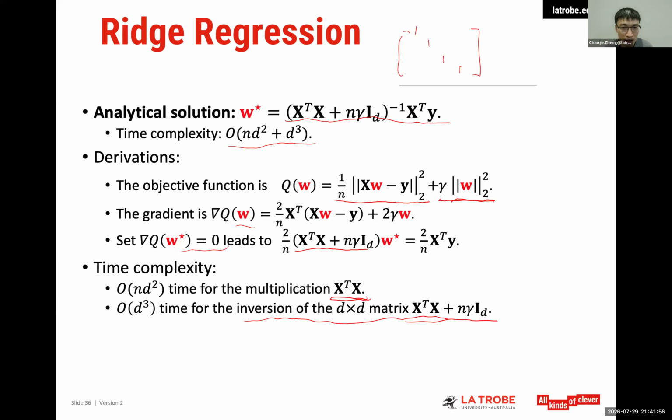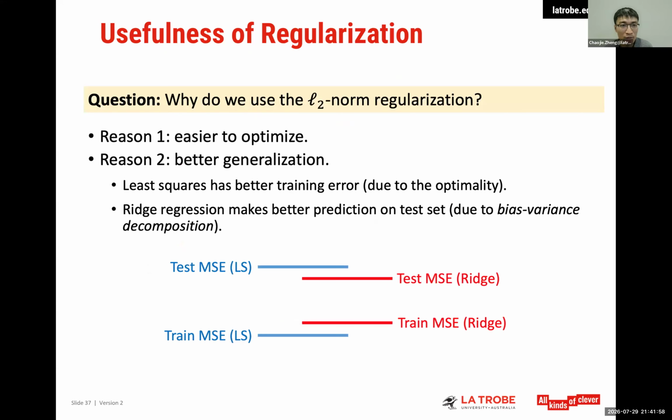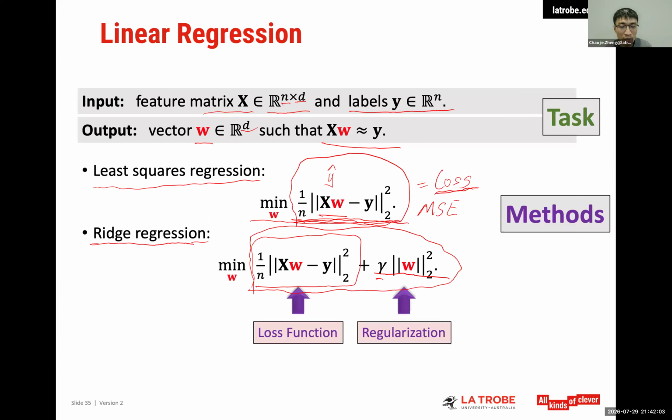So the first reason is that it is easier to optimize, because it has two terms. The first term is the loss function of the least squares regression. It is in quadratic form, so it is guaranteed to have a unique solution, and it is well posed. The second term, regularization, is also in quadratic form, so it is well behaved.